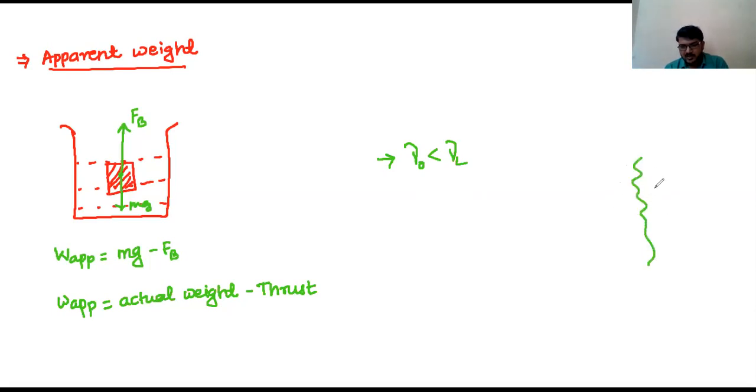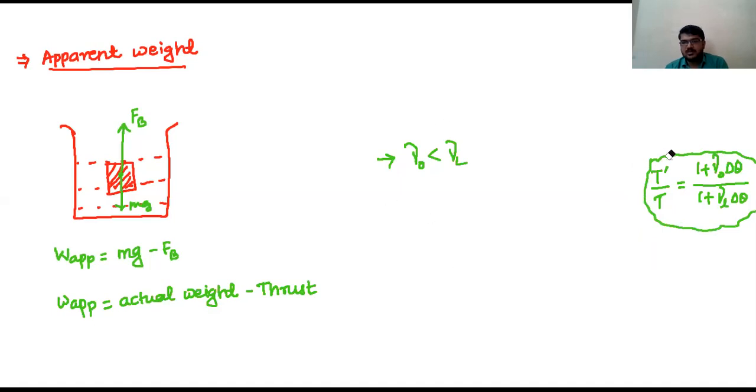You can see last formula which we got, T dash by T is equal to 1 plus gamma of object into delta theta divided by 1 plus gamma of L into delta theta. This was our formula. So from this formula, what we have to conclude here, gamma of object is less than gamma of liquid.